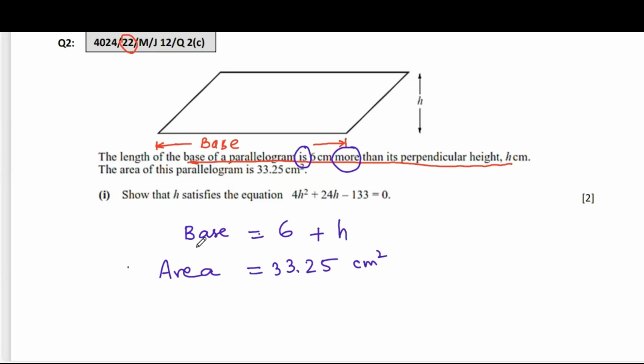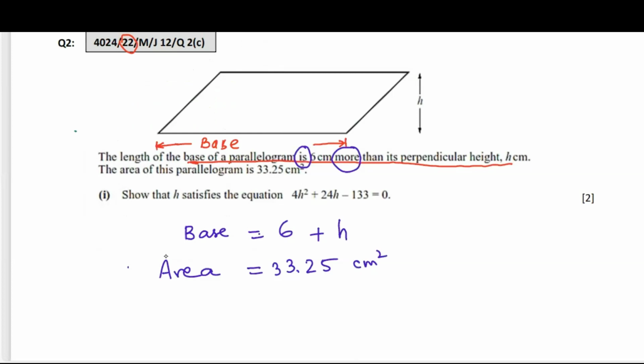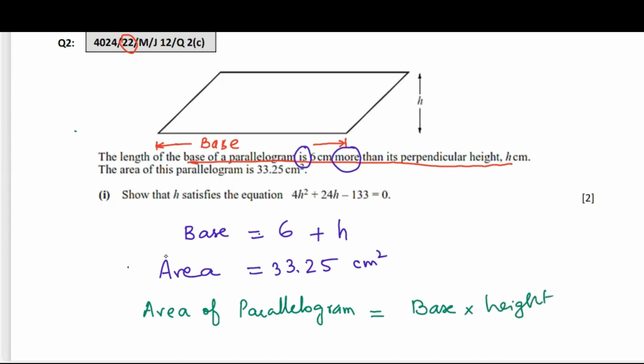So area is given here. You should know what is the area of a parallelogram. Area of a parallelogram is basically base into height. So in this diagram, this length is base and the perpendicular height is the height.